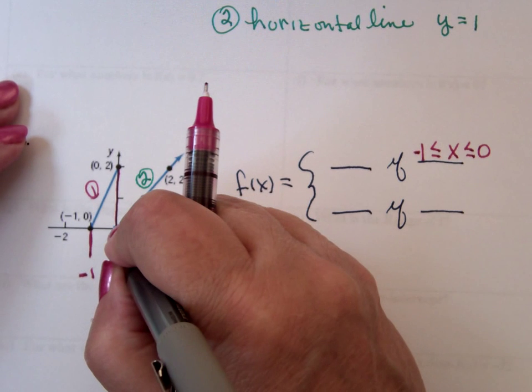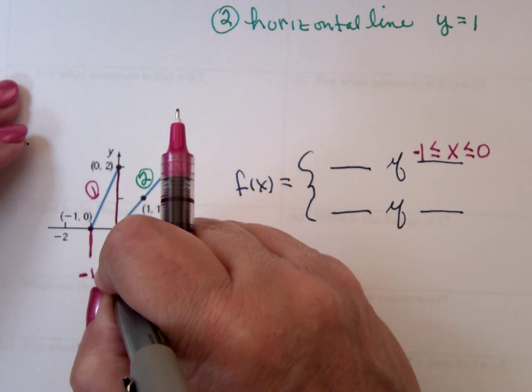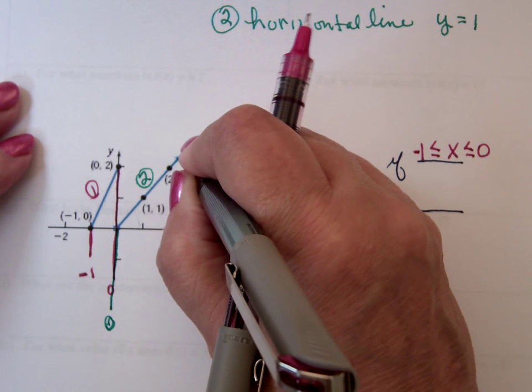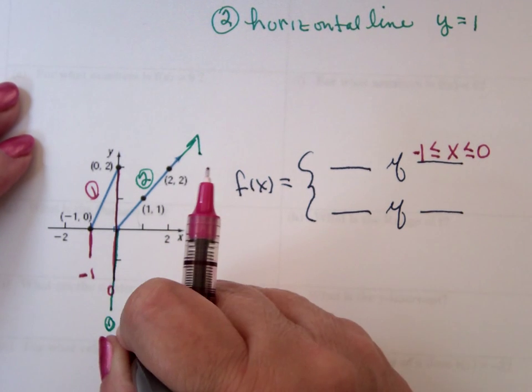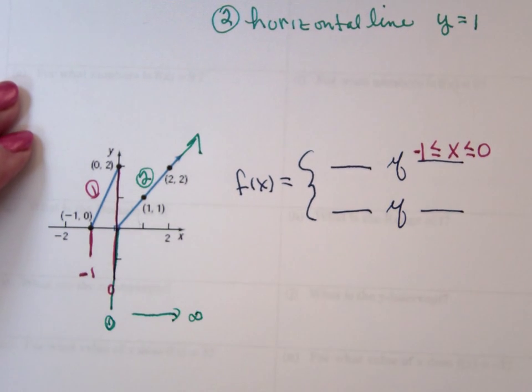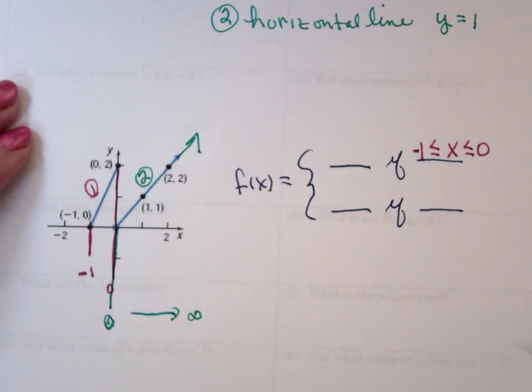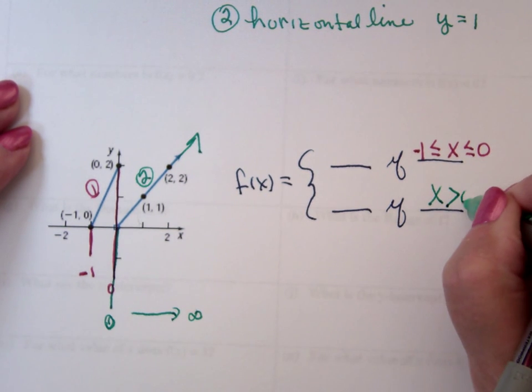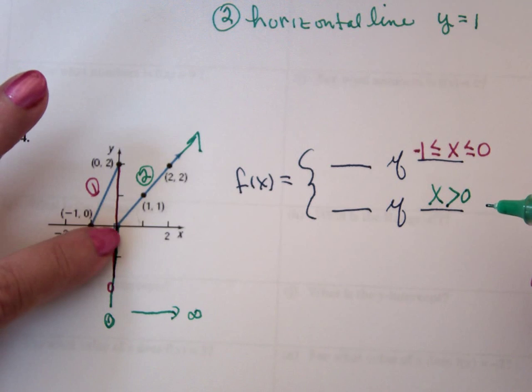The second graph also starts at 0, but goes on forever, which means it goes from 0 to infinity. So this is going to be x strictly greater than 0 because it's an open dot.